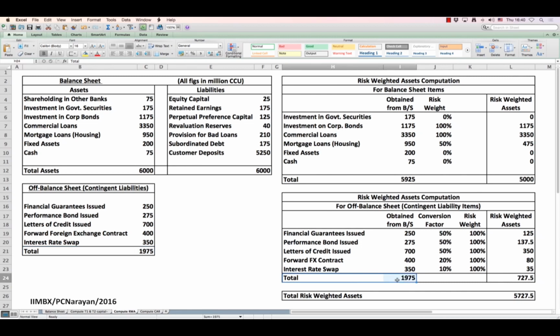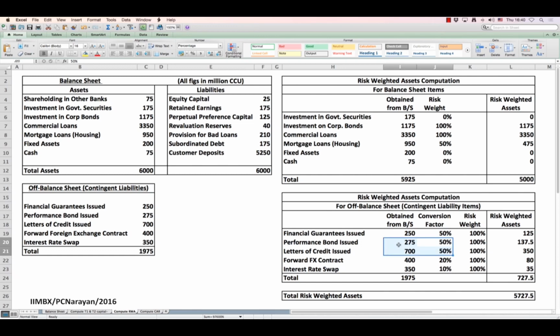What we are saying is the following. There is a 50% chance that the financial guarantee that we issued might devolve on the bank. In other words, it will have a cash outflow obligation on account of that guarantee. Same is true for a letter of credit, same is true for a performance bond, and so on and so forth.